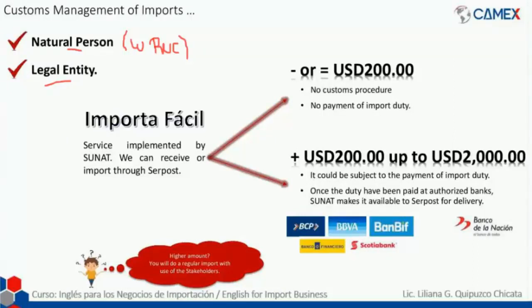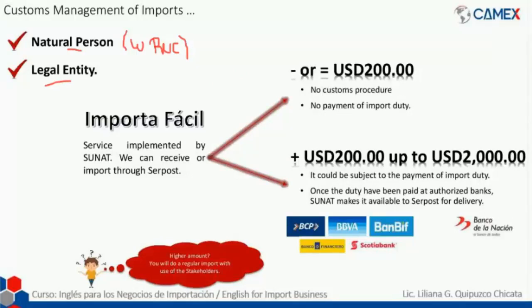You can import, but you can only do it 3 times in a year for a maximum of $1,000. On the other side, you can do one import per year of more than 1,000 up until 3,000. But if you have a RUC, you don't have any problems.